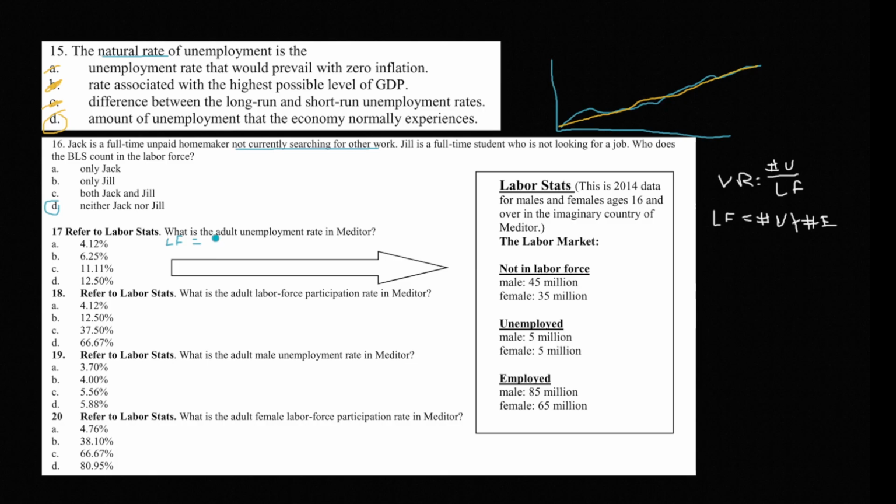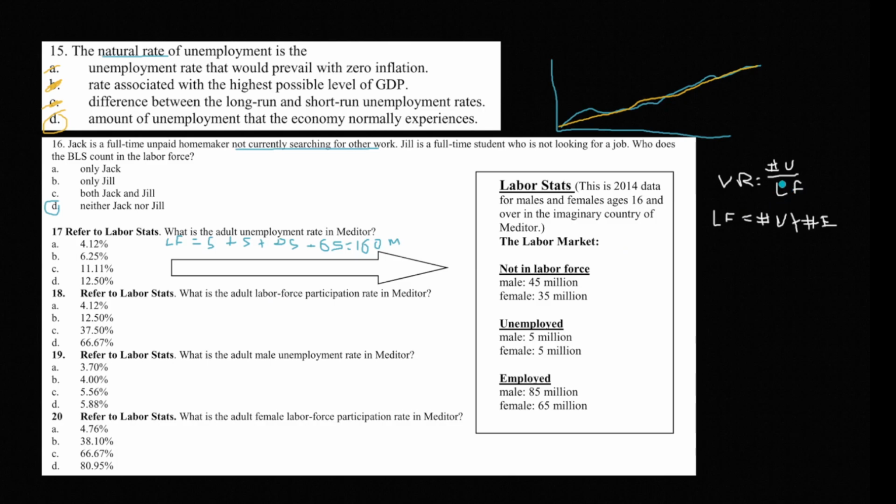So that's 5 million plus 5 million plus 85 million plus 65 million. That is 160 million people. All right.